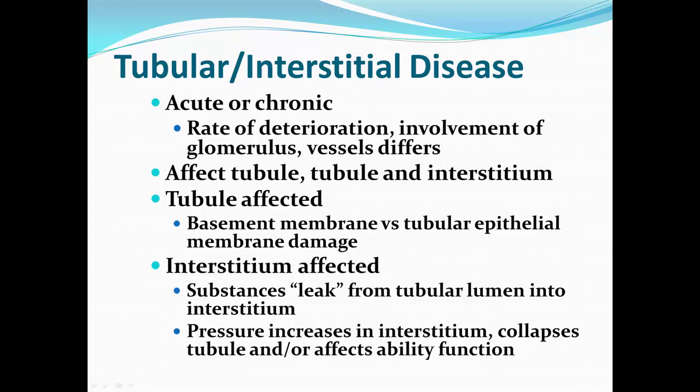The second thing that happens is that the pressure increases in that interstitium, effectively collapsing the tubule or affecting its ability to function. So that area between the tubules can be affected because the tubules led to the damage, or that area between can become inflamed and then become necrotic.